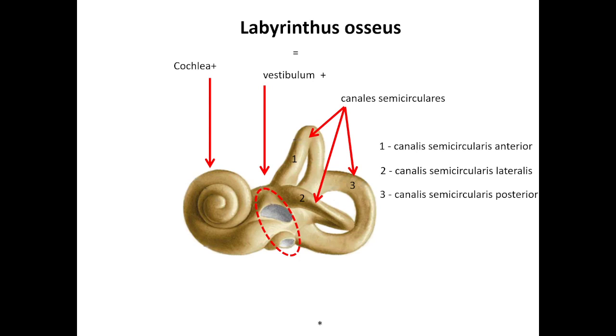When I move in another direction, I don't need to see the position of my head in the mirror. I can feel it by the structures which are inside of canalis semicircularis.